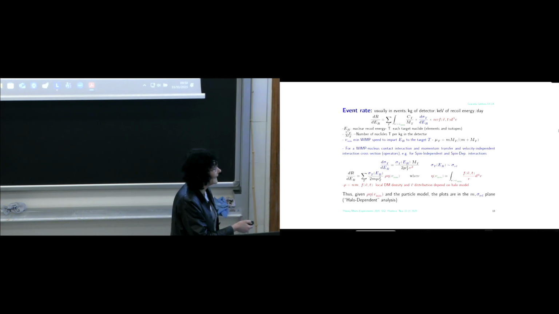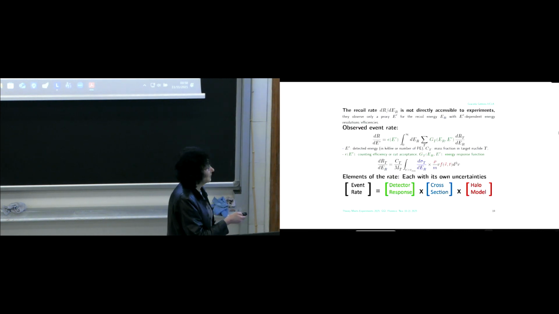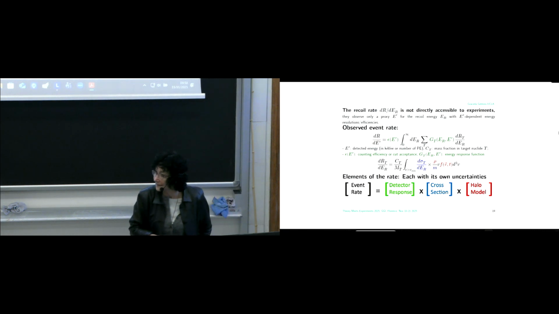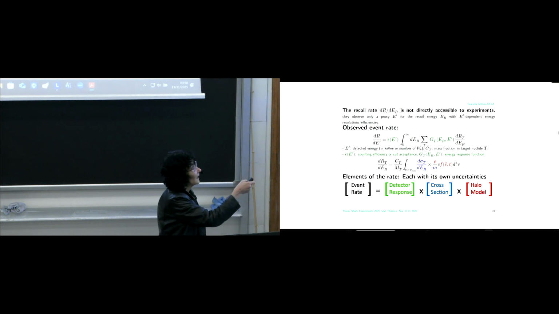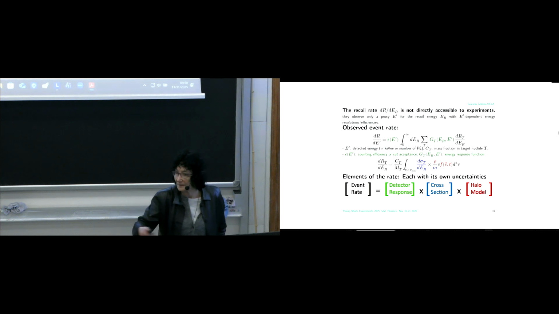Now, this is not what you directly measure. In any experiment, what you measure is not the recoil energy directly, but a proxy for it. It could be a number of photons produced, detected by photomultipliers, or it could be some ionization, in electron equivalent energy and so on and so forth.